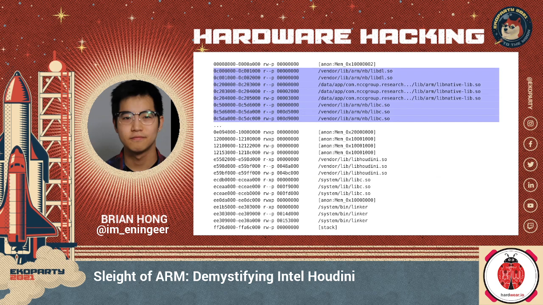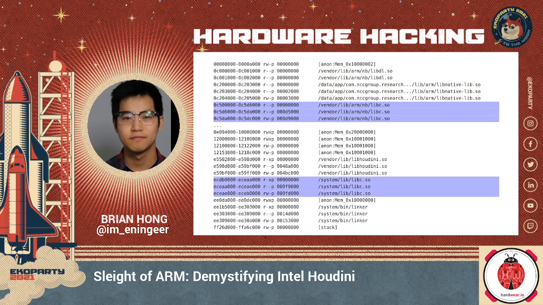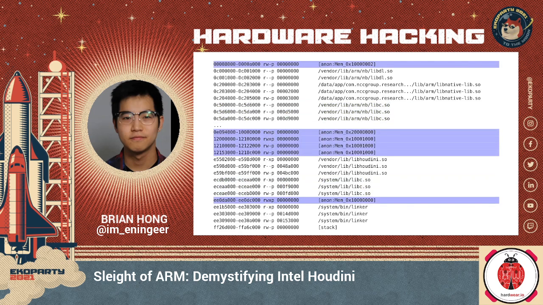You can tell by /vendor/lib/arm/nb native bridge. You can see there are both ARM and x86 versions of libc loaded in, and there are some anonymous pages used internally by libhoudini. One or more of these will be the ARM stack.